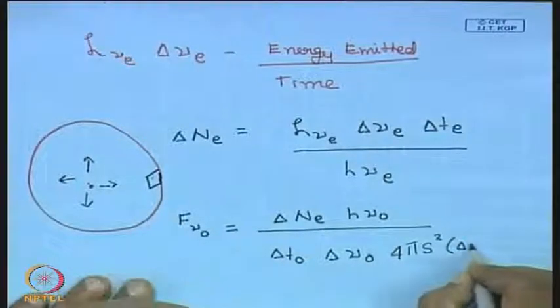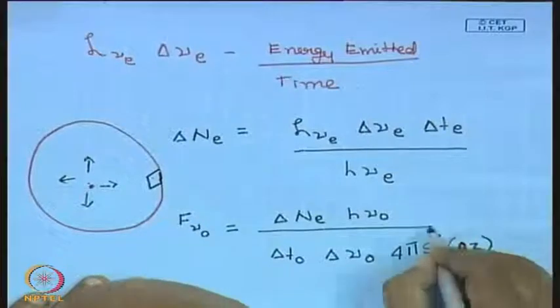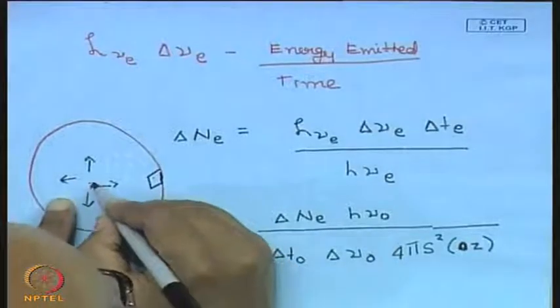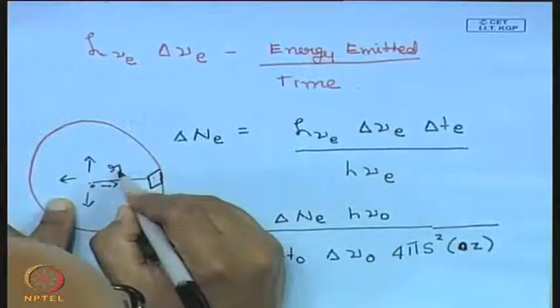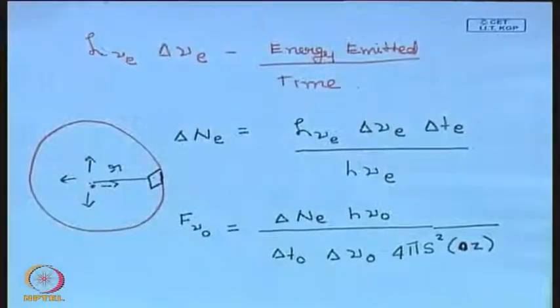It is not going to be c delta t, it is going to be 4 pi s square. That is how you calculate area in cosmology. The distance from here to here is r. So, the area is 4 pi s square, not 4 pi r square.